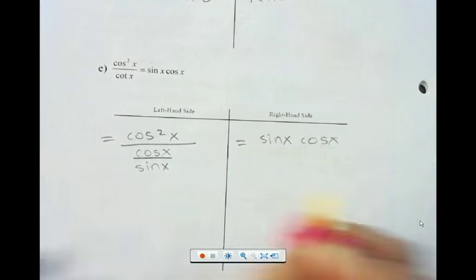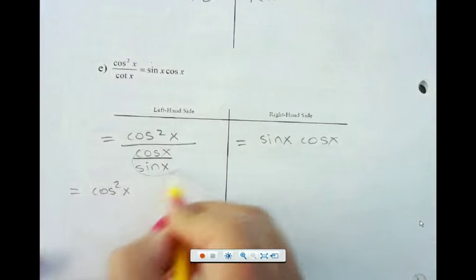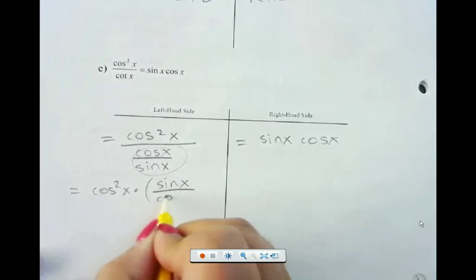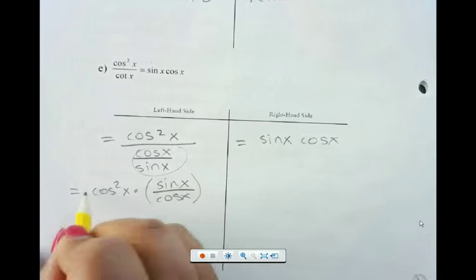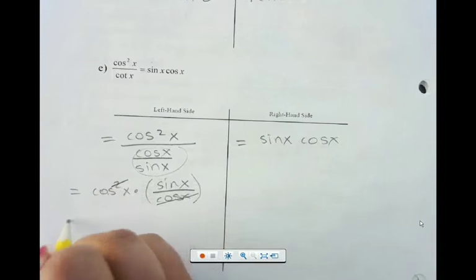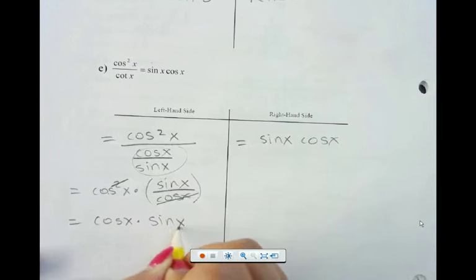And now for this, what are we going to do? Cos squared x, multiply by the reciprocal, sine x, cos x. Now what happens here? I have a cos squared here and I have a cos. I can reduce one of them out. I have cos x times sine x.